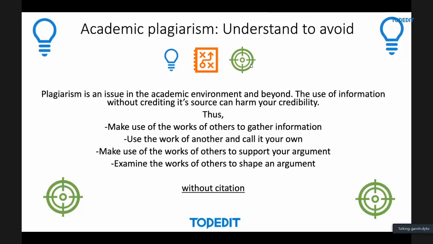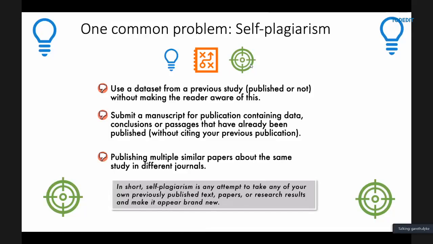So I think people are often unaware of what plagiarism is. And indeed, the most common kind of plagiarism that academic authors do not know is a problem is called self-plagiarism.